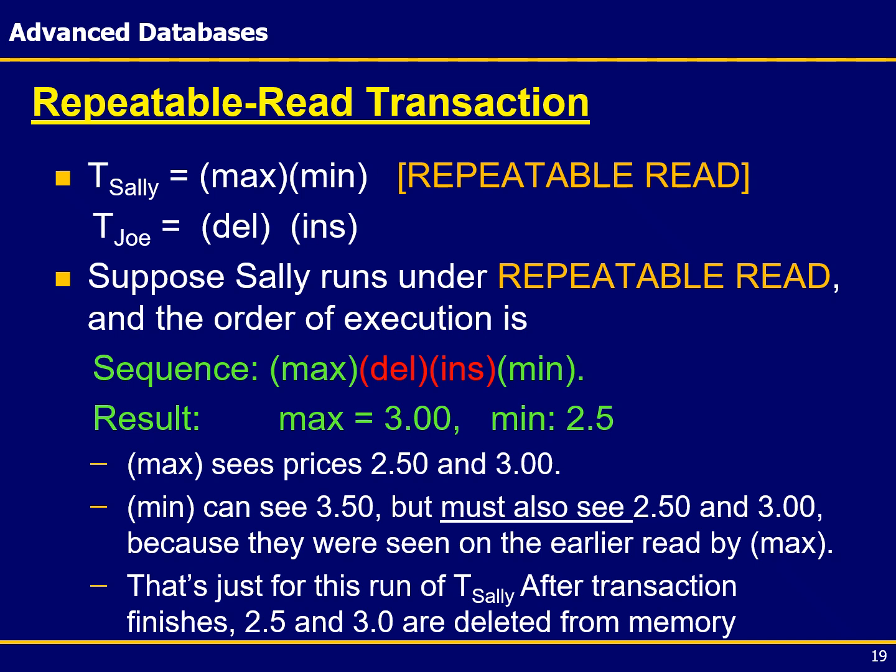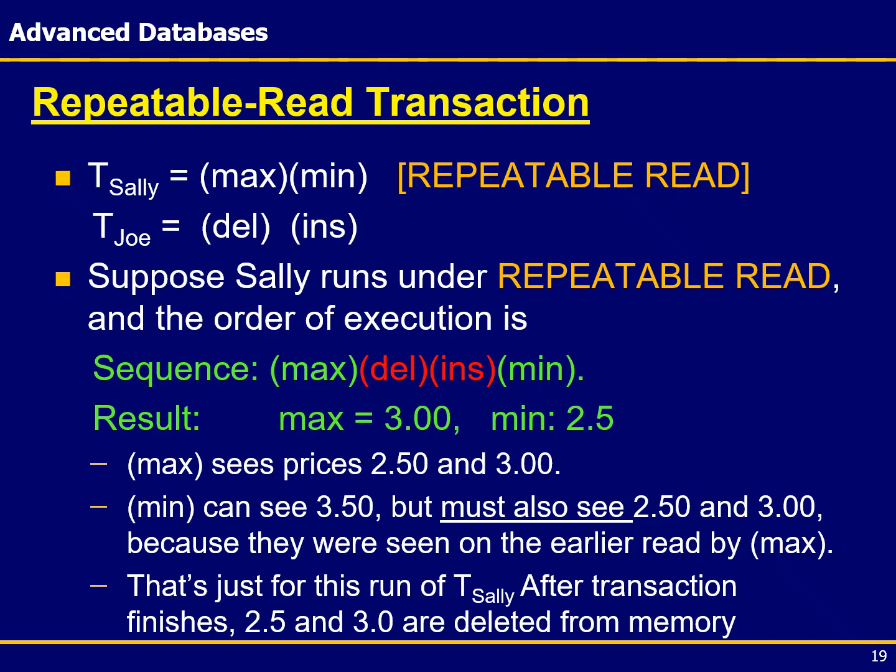So this is an example of what I'm referring to. If Sally runs in repeatable read mode, when she starts, she has 3 and 2.5, the two types of bread. Now, if a context switch happens and he runs from beginning to end, he will delete the two old types and insert the new one.